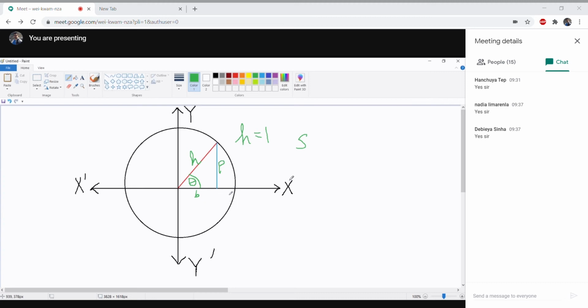So what is sine theta equal to? Sine theta is equal to perpendicular by height, right? So sine equal to, if h is 1, sine will be p, right? So what is the value of this p?